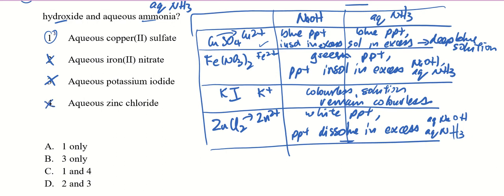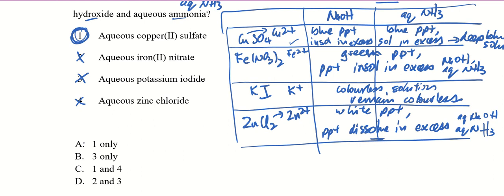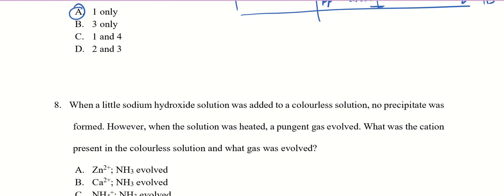So the only one that will give us different observation in sodium hydroxide and aqueous ammonia is copper 2 sulfate. Therefore, the answer is A, 1 only.